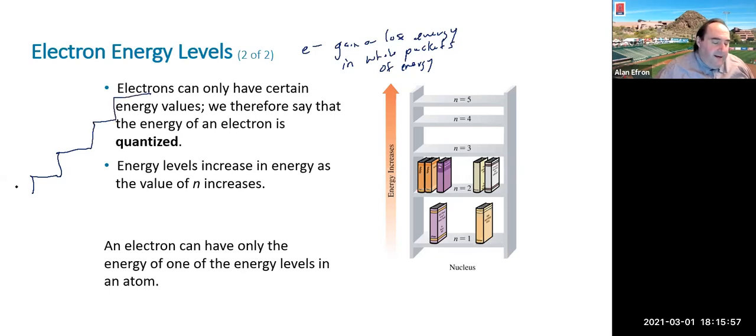If we were to walk stairs, we would find ourselves maybe on this step, or we would have enough energy to get to the next step. Some people have enough energy to go from the first step to the second step. Some people have enough energy to go from the first step to the third step. And not too many people could go from 1 to 4, I don't think.